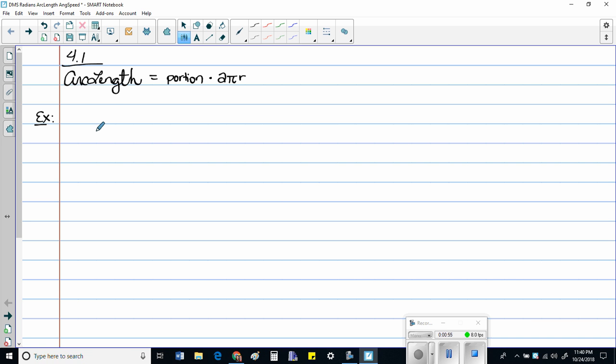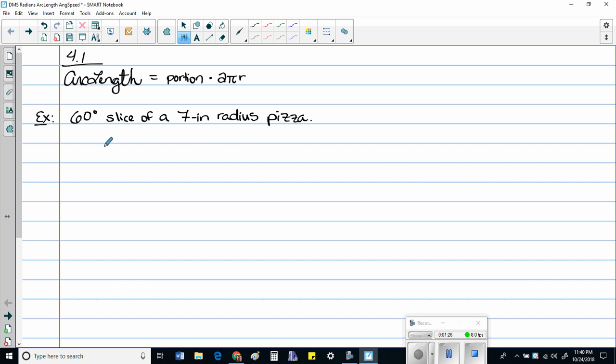Let's see here. So we have a 60 degree slice of a 7-inch radius pizza.